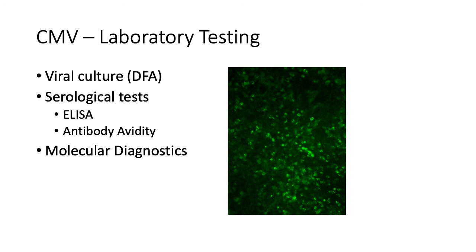Viral culture and molecular tests are used to detect active infection in immunocompromised or in congenital infections. Serology is best for detecting past exposure to the virus or those at risk for future exposure, such as pregnant women or transplant candidates. This is also done with blood and organ donors.